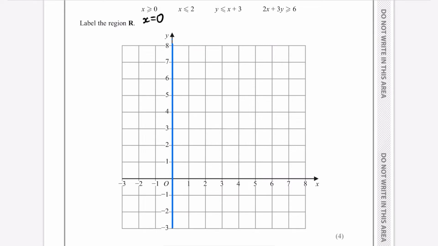My next line that I'm going to look at is that x is greater than 2. So I'm going to look at the line instead, x is equal to 2. We'll come back to it in a second. So if x is equal to 2, this is it here. Now I have this line, which is y equals x plus 3.